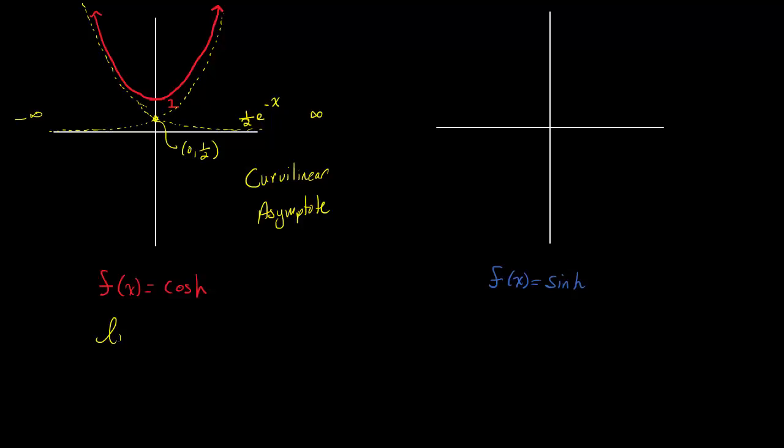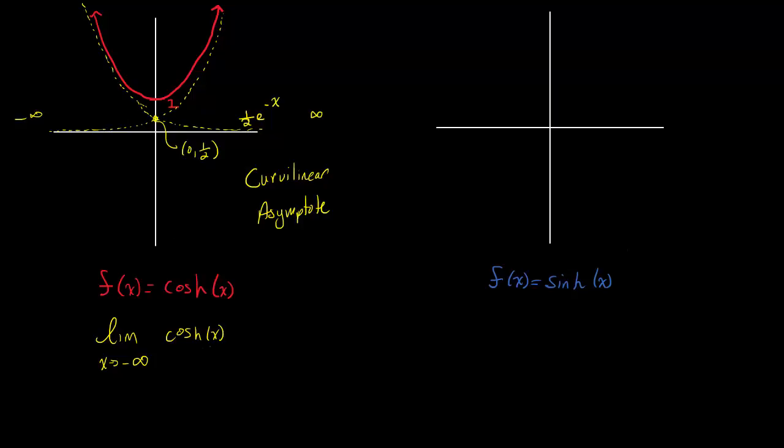So if we were to ask what is the limit as x approaches negative infinity of cosh of x? I left off my variables, that's not good.